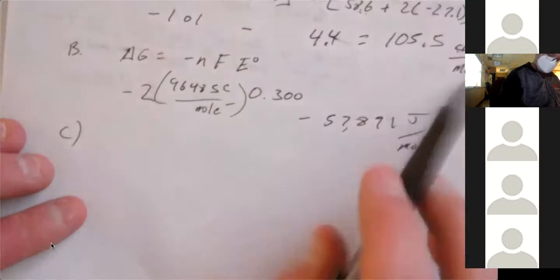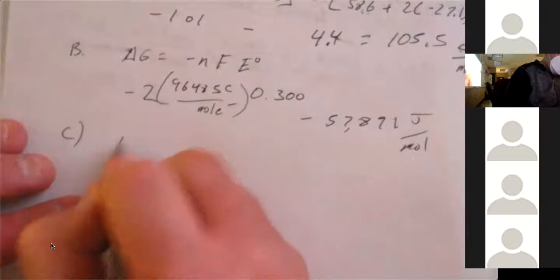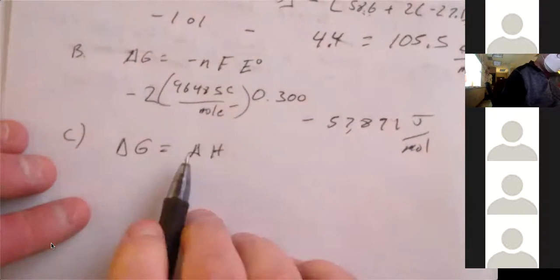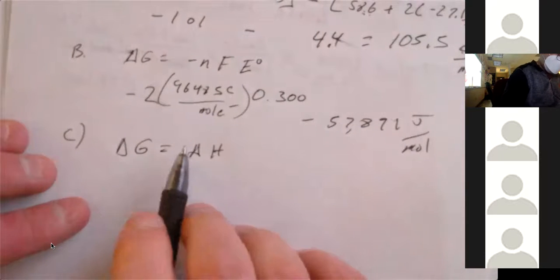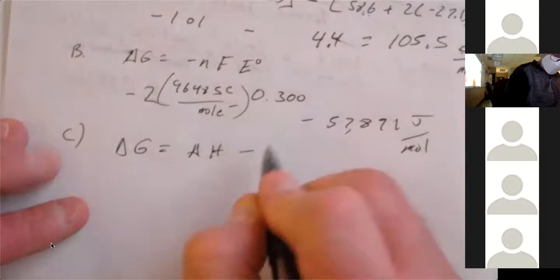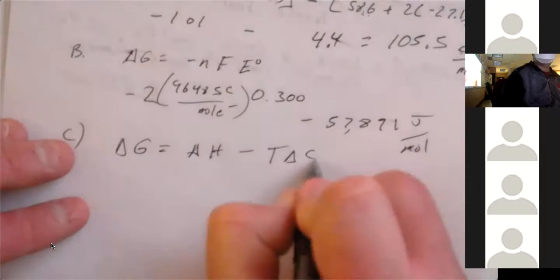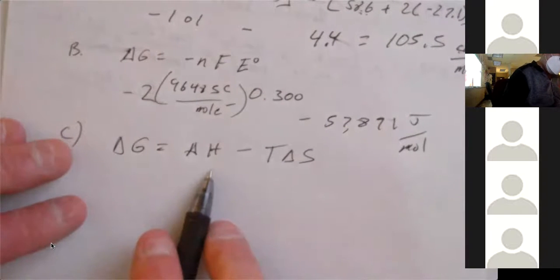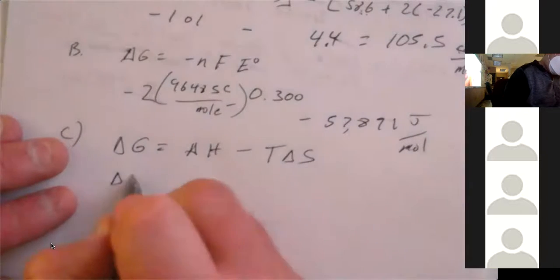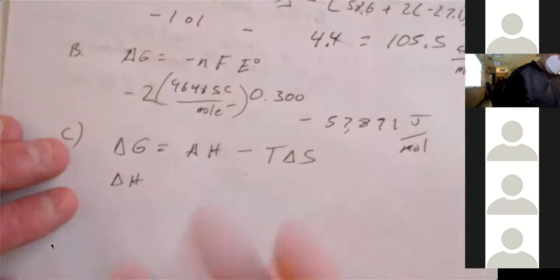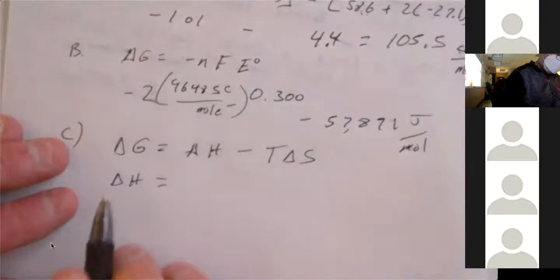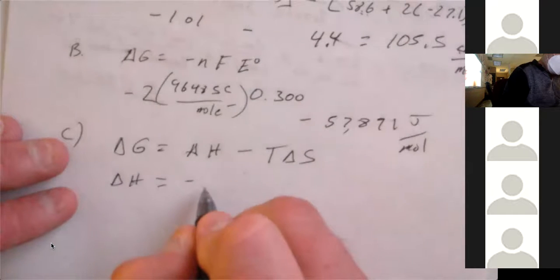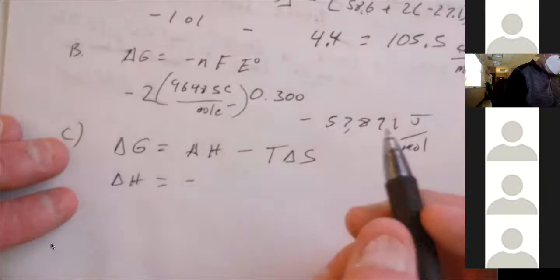105.5. I'm not liking this, but if we take a look, delta G equals delta H minus T delta S. We should be able to rearrange this formula to solve for delta H. If we rearrange this, I'm going to flip the formula, and basically delta H is going to be equal to, subtract delta G from both sides, right?